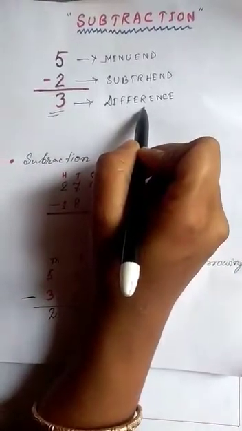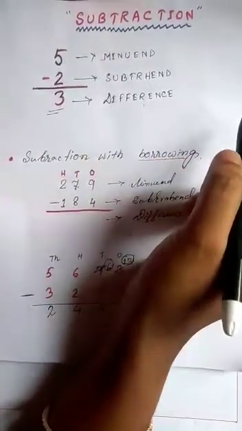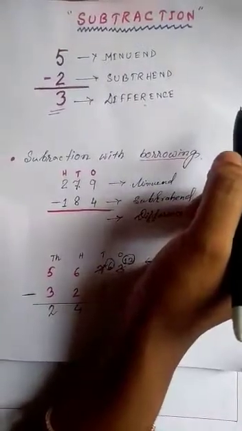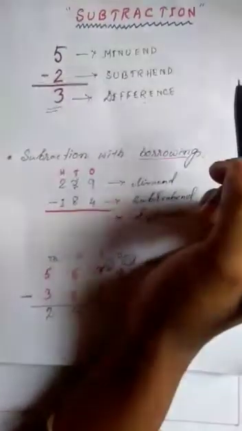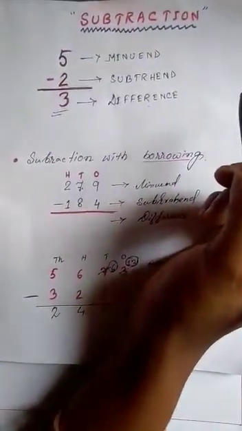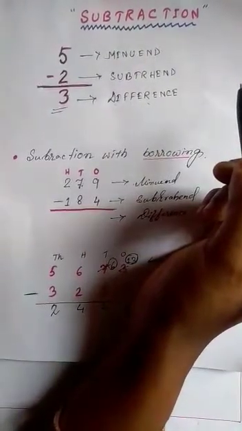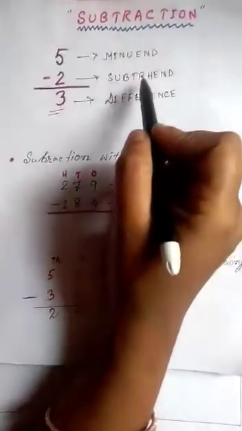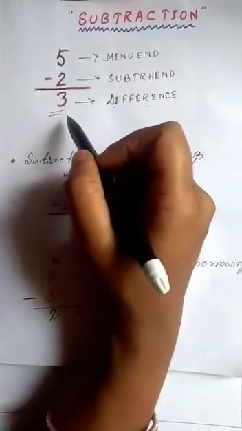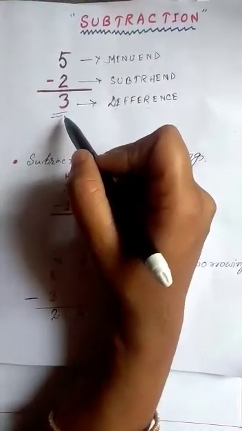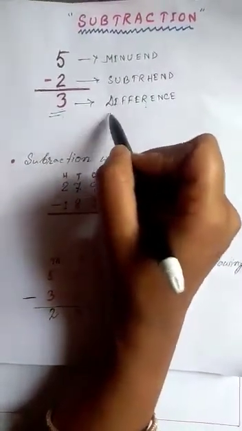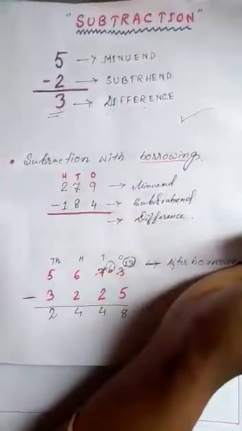So all of you know now that the larger number from which we subtract the other number is called the minuend, the number which is subtracted is called the subtrahend, and the result after subtracting is called the difference. Is that clear, all of you students?